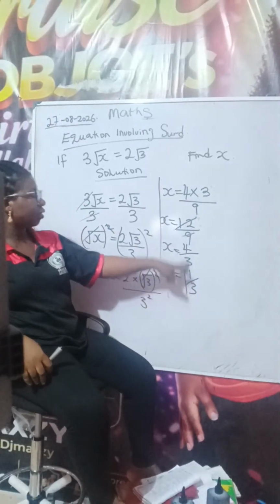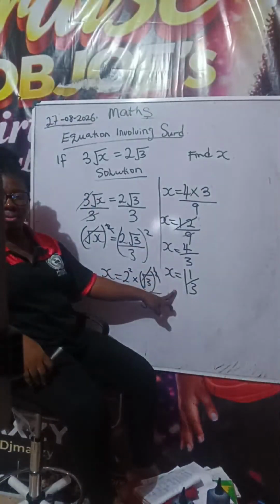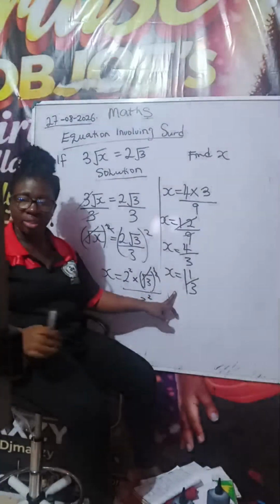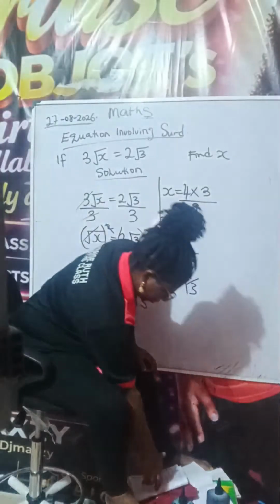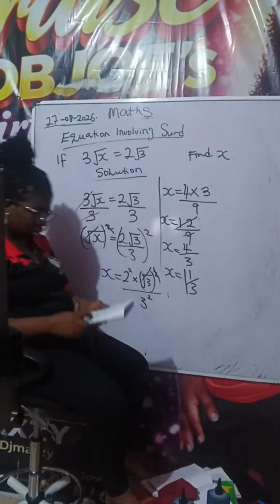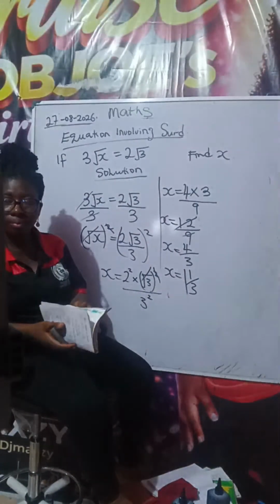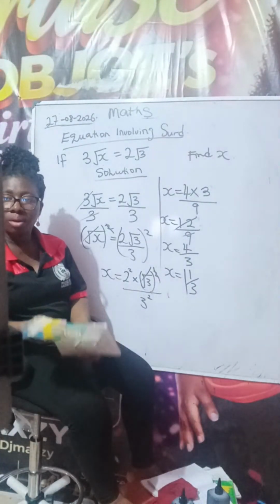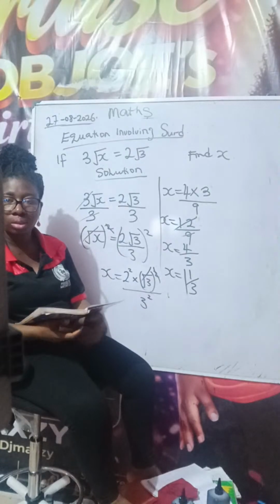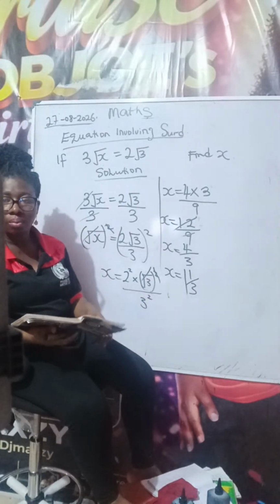How many 3 in 4 is 1. Look at the 1 as the whole number. Anything that is remaining, write it as 1 over 3. So clear now? Any more questions?